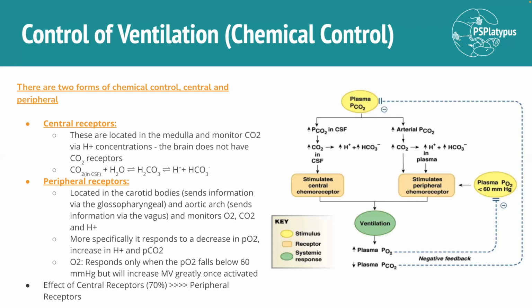However, this process, although it takes a lot longer, has a much greater effect on the rate of ventilation, with probably about 70% of the changes in ventilation due to central receptors, whilst only about 30% is due to peripheral receptors. Over here to the right, we have a nice schematic that summarizes what happens.